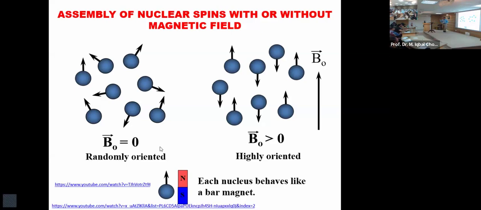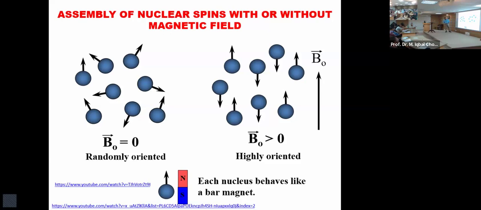They were spinning along their axis, but in all directions. This was a crowd of nuclei with every direction, with no orientation, called a degenerate state, completely in equilibrium with zero magnitude.